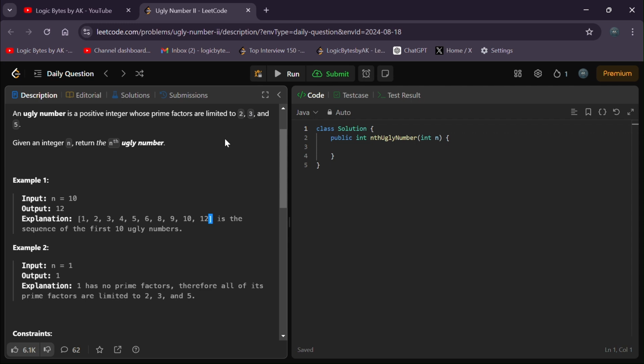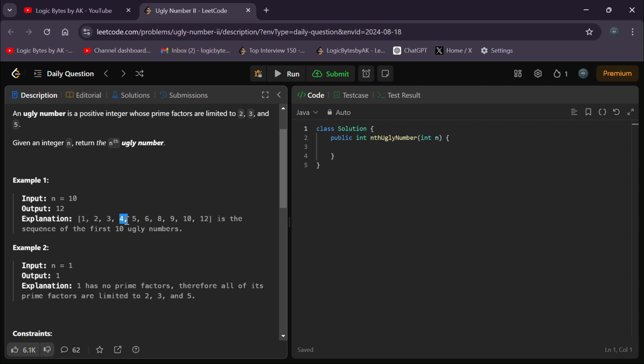By multiplying 2 with 7 we get 14, but 2 is an ugly number and 7 is not, and 7 also should be an ugly number. So 2 into 3, both ugly, gives 6. For 5, 1 and 5 are ugly, we get 5.